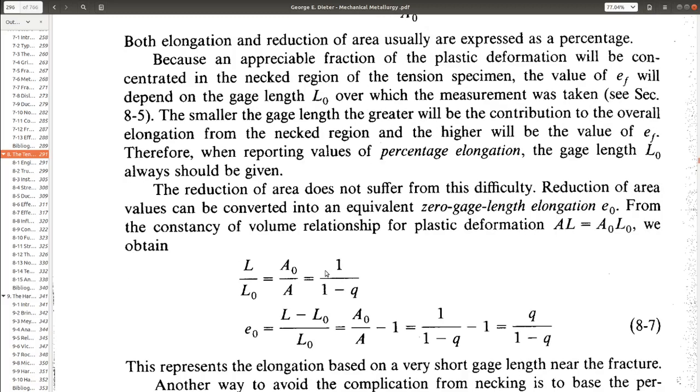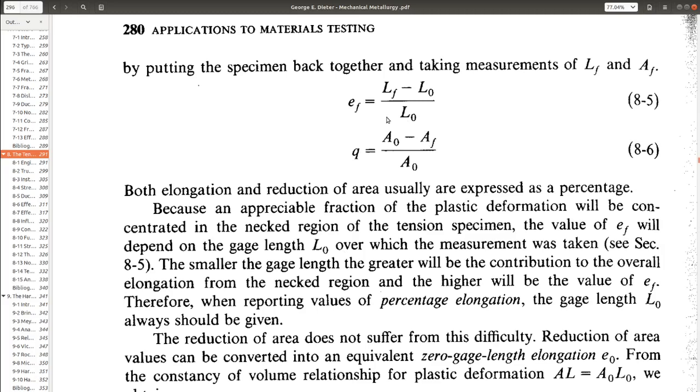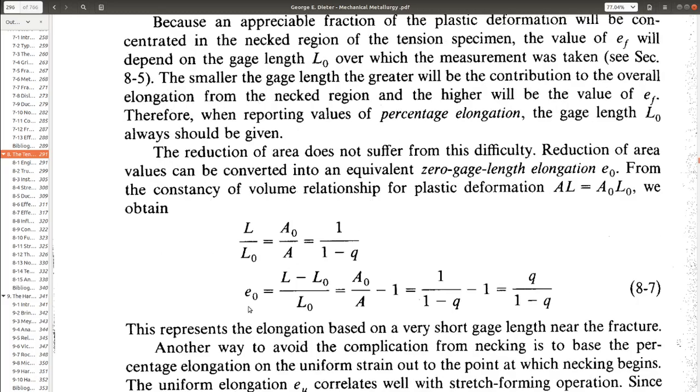Then if you see, they have shown the relation between this E0 and Q, at the yield point. What are this E0 and Q?